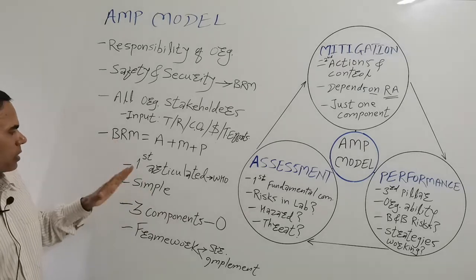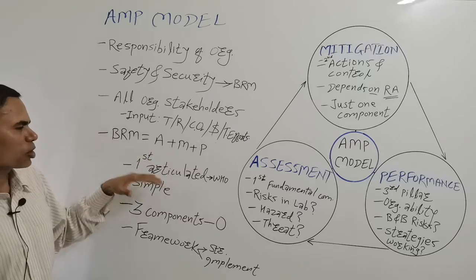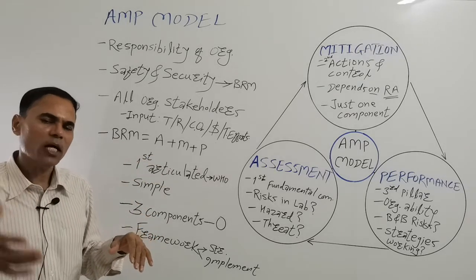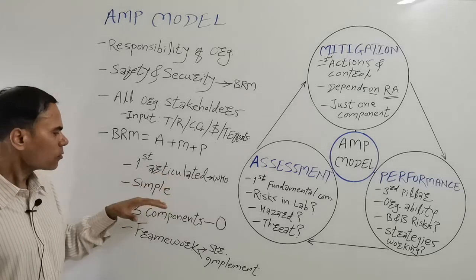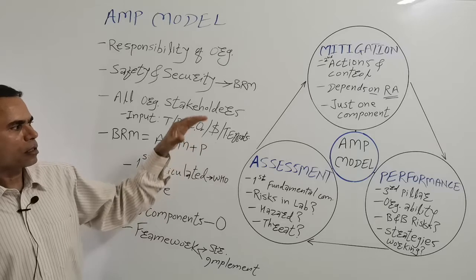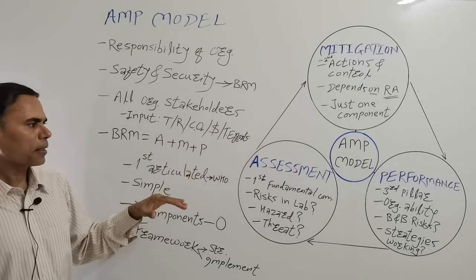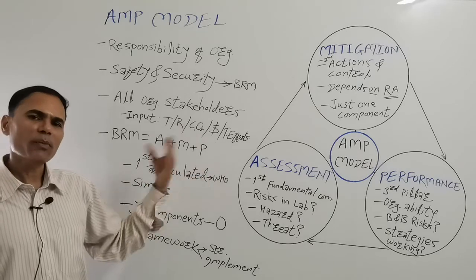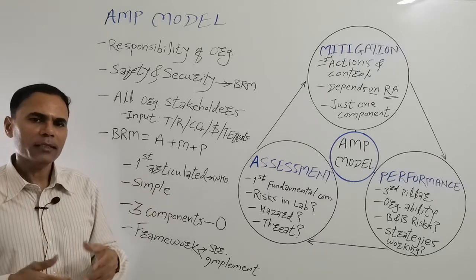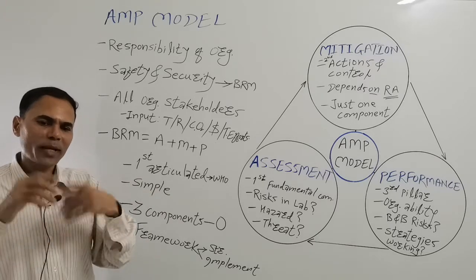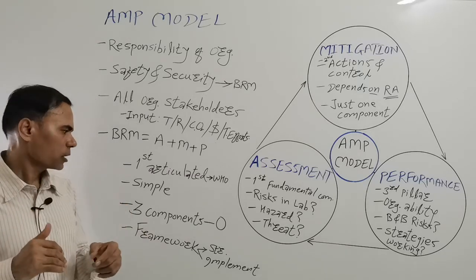A little bit of background: the AMP model was first articulated by the WHO, the World Health Organization. The AMP model looks simple, but it is a very useful tool to implement bias management, or to identify the loopholes in the system to make it better and reduce the biosafety and biosecurity risks.